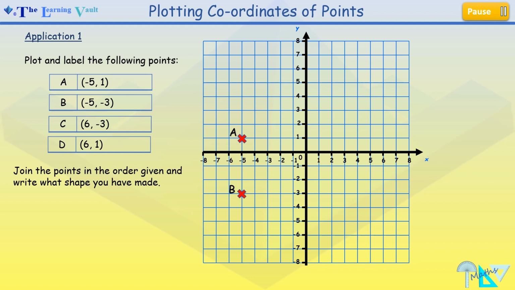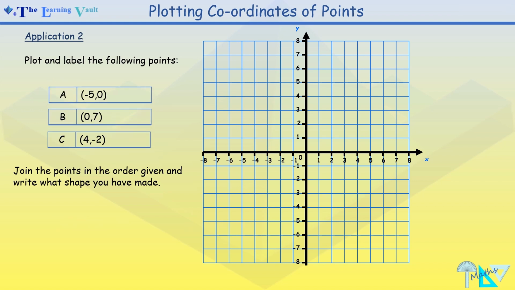Next point is B, which is -5 and -3. Third point C is 6 and -3. And our final point D is 6 and 1. Joining the points together in the order given, we get a rectangle.